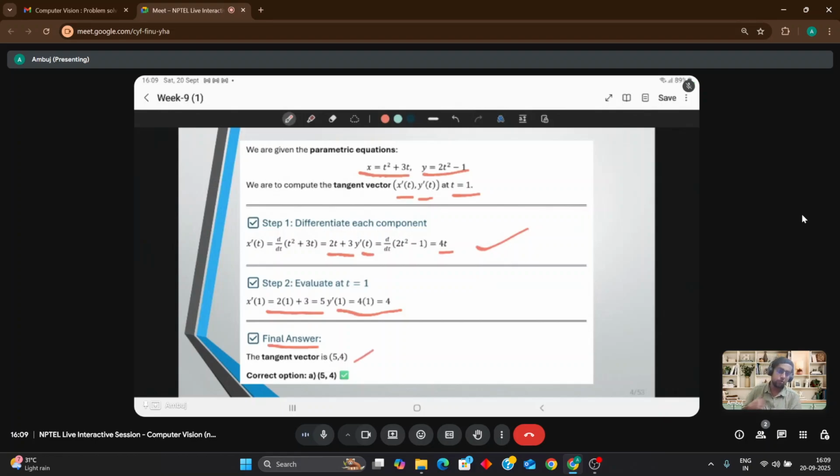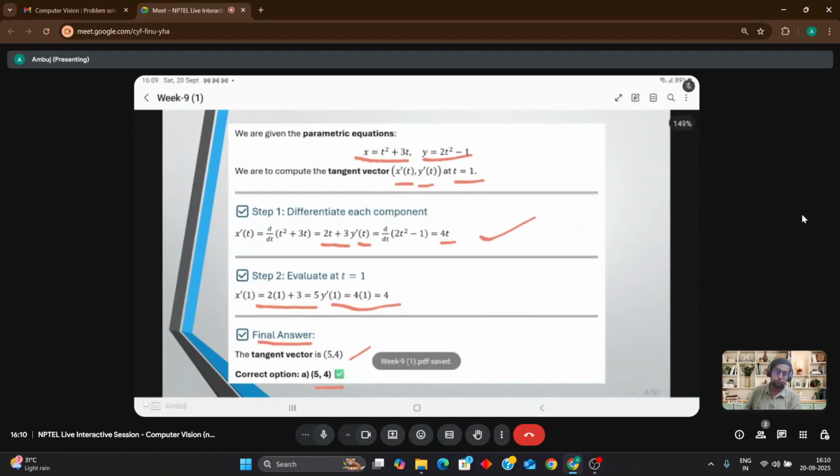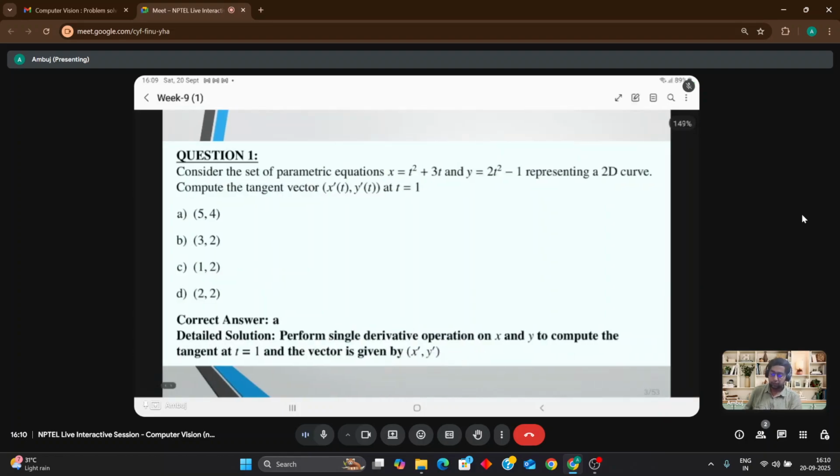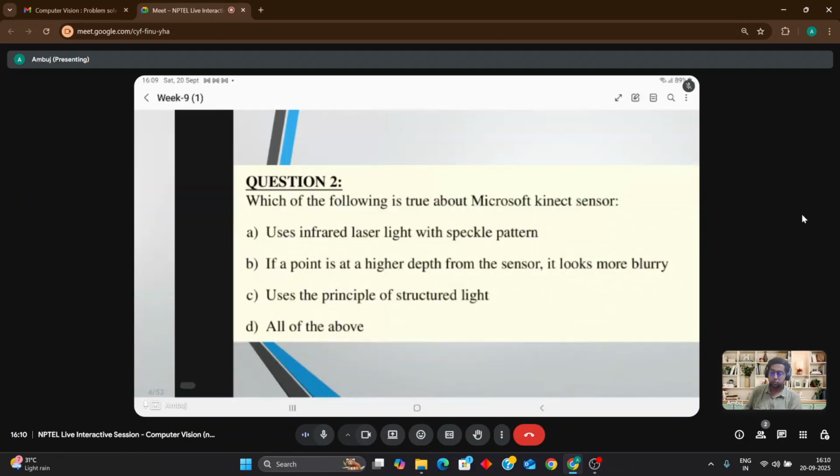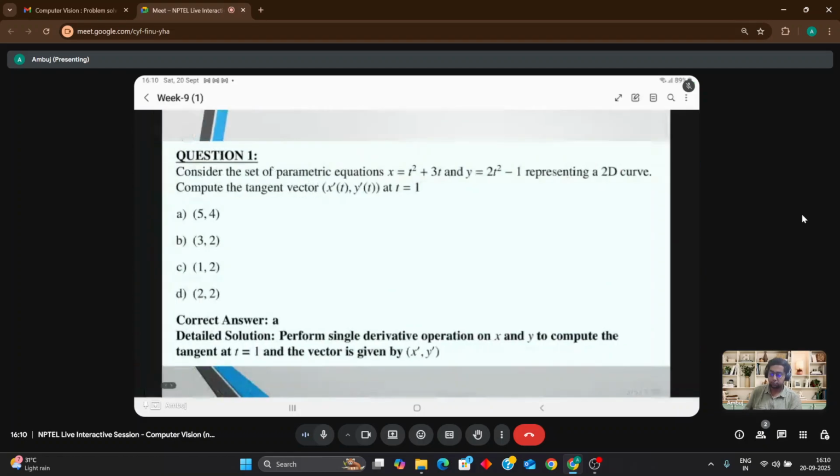I have computed the x dash t and y dash t values directly, and I have found the solution as 5 comma 4. So this completes the first question. There is nothing much to discuss here. Parametric equations have been given to us directly, and we have to compute the tangent vector.